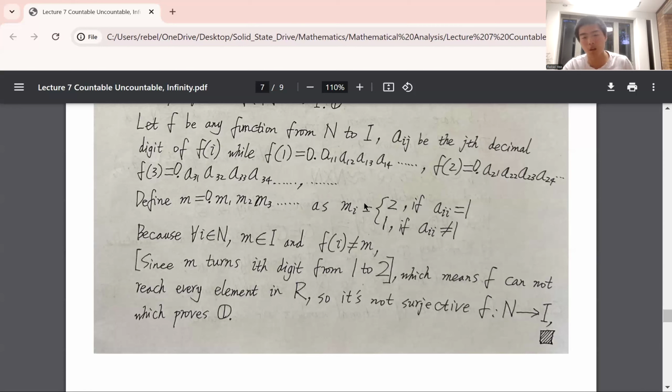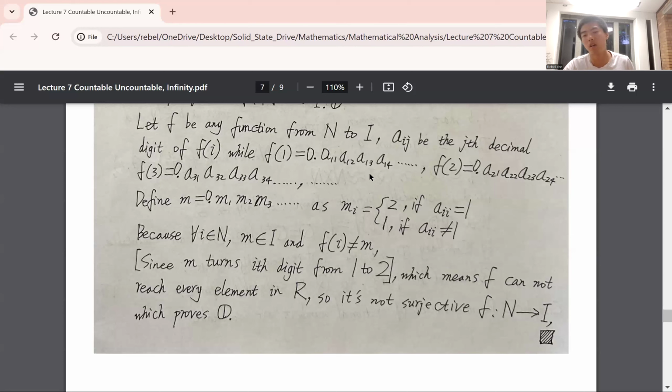So this brings a contradiction, because m changes the i-th digit. There must be some m that does not originally occur in this form, because m transitions it into 2.